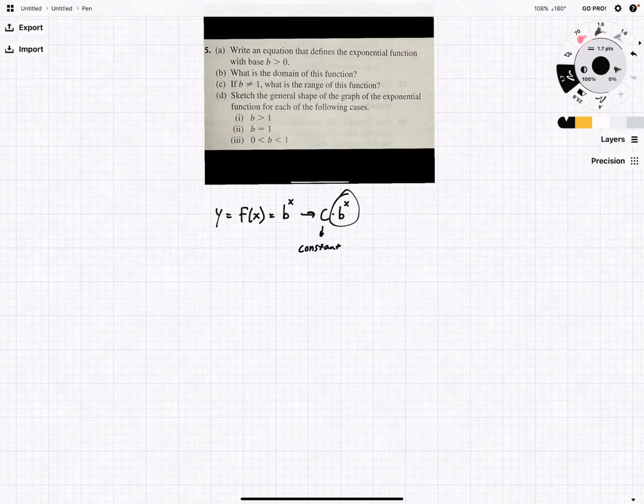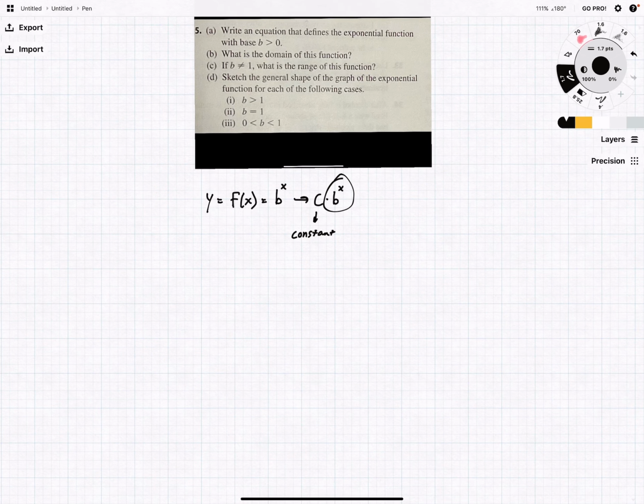Write an equation with base b greater than 0. Let's choose 2. That's a pretty standard one. So we'll have f of x equals 2 to the x. And we have to make sure we don't confuse the exponential function with a power function, power function being x squared. They're two different things.